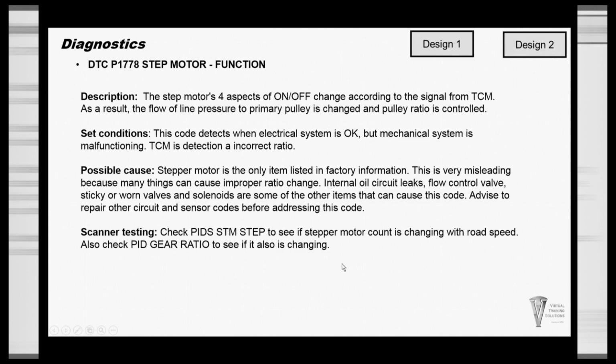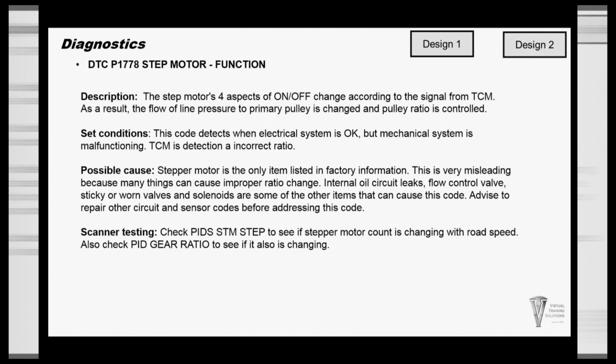I have yet to see a failed stepper motor. I have heard of one stepper motor that had an open coil in it. I didn't see it personally, but I talked to them on the phone. So my advice to you guys is if you are getting stepper motor codes, make sure that it was either a function code or a circuit code.